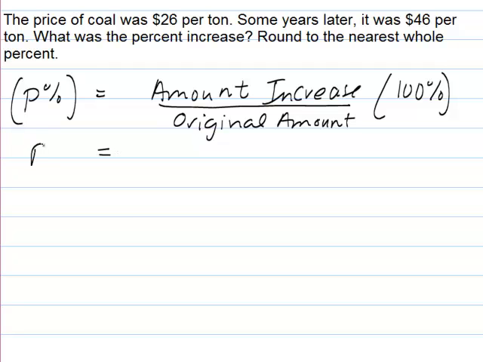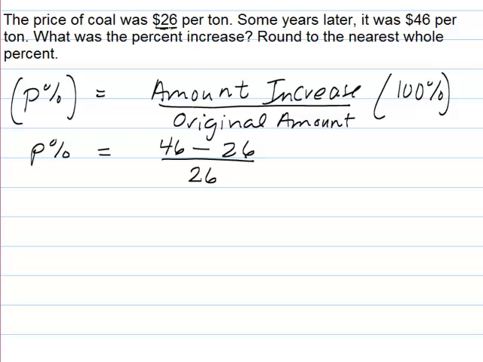So this percent would equal the amount of increase. The difference between $46 and $26. 46 minus 26. That would be our increase amount. And then we're going to divide by where we start. Always where it started.